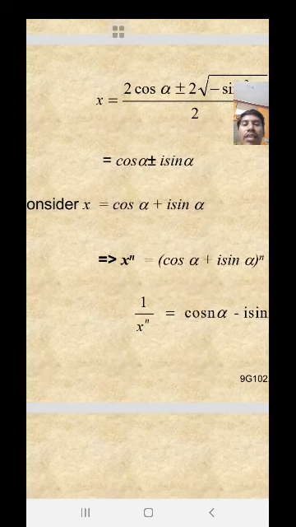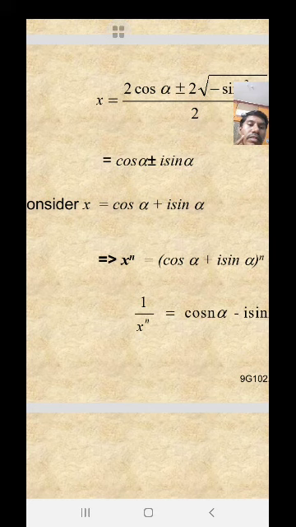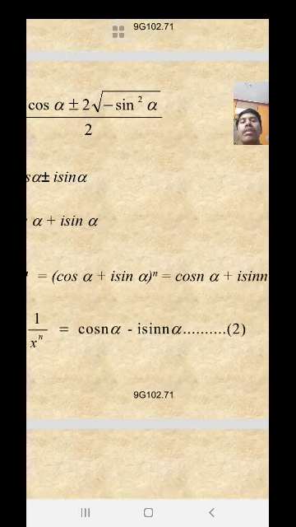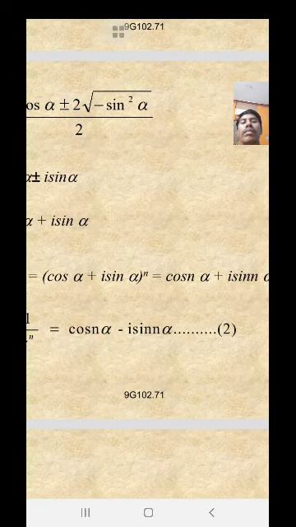Consider x equals cos alpha plus i sine alpha. So we are taking positive. Then x power n equals (cos alpha plus i sine alpha) whole power n.